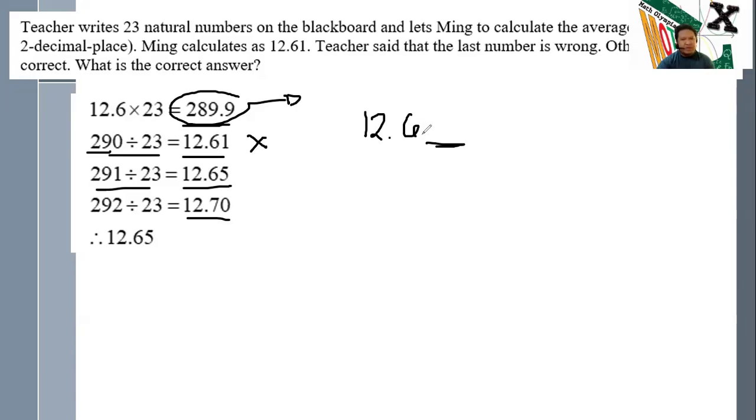This is not what we'll be doing, because it was said to be wrong. Therefore, we check 291 as the sum of the numbers, divided by 23. That will give us 12.65. Then if we go to 292, that's 12.7 already. So the 12.6 is correct, and we take 12.65. The correct answer for this question is actually 12.65.